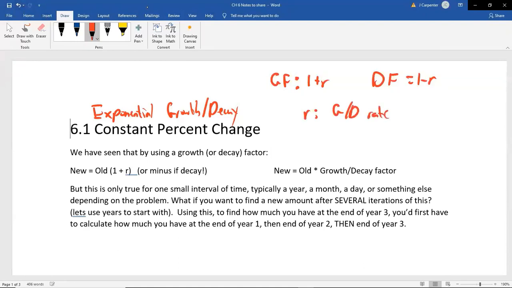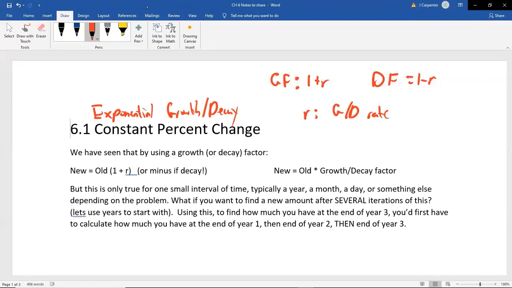Again, these are all just reminders. Everything I've said so far is not new. So this is like, all right, you have a savings account that gains 5% interest annually. So if you put $10,000 in the account, you can find the interest by just taking the 10,000 times your 5%, or you can find the new amount by taking 10,000 times 1 plus 0.05, which is the 5% converted to a rate.